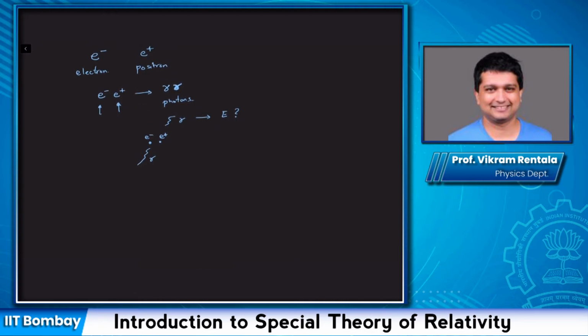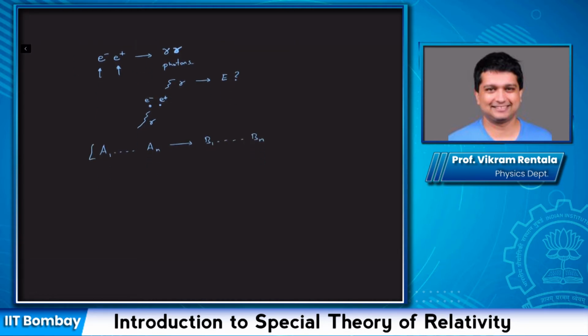For any process, no matter how many initial particles we have, so let's suppose these are our initial particles and these are our final particles. Now, this is a closed system which is transforming. We're assuming that there's no external energy or force being applied to the system.